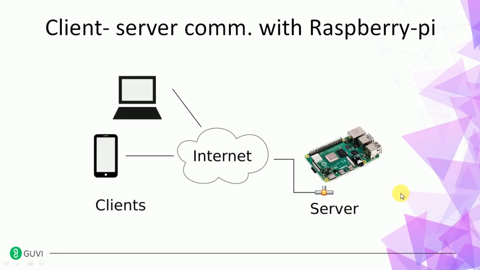Okay, so now we will use our Raspberry Pi as a server. So the rest of the world will ask our Raspberry Pi about the temperature and humidity of a location, and we will supply them with the information either in text format or in HTML format. That can be achieved in two ways.